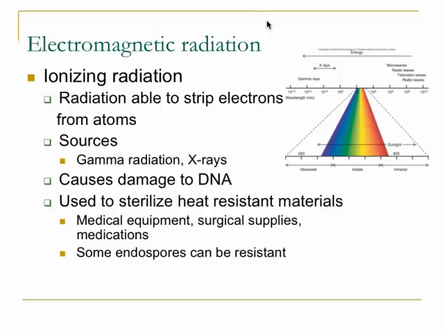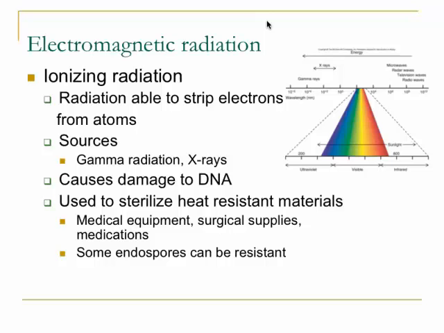I already went over ionizing radiation, an example, X-rays. This radiation is not affecting the proteins, it's affecting the DNA. So think about the risk of going out in the sun in the summer. You might get sunburn.